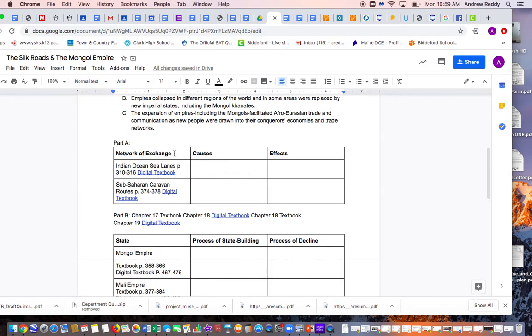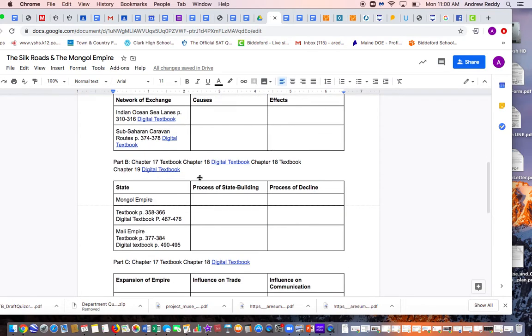So here under Networks of Exchange, I have two examples, and I want you to be talking about the consequences of those exchanges, the causes of those exchanges, and the effects of those exchanges. Here you have two different states, the Mongol Empire and the Mali Empire.